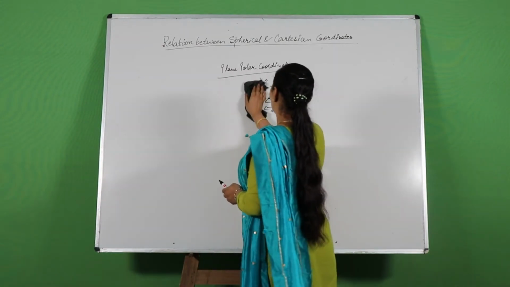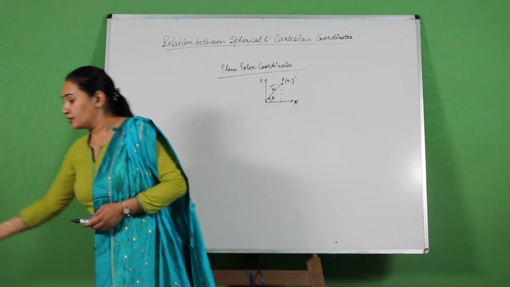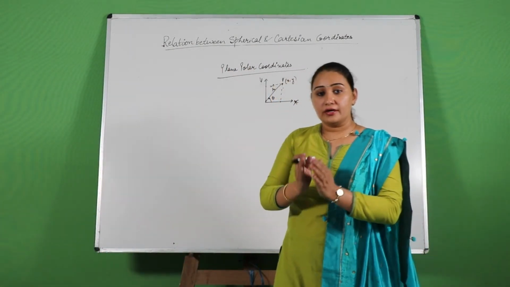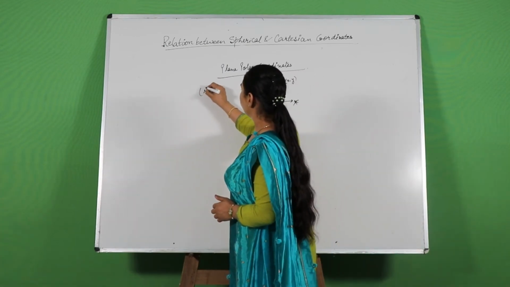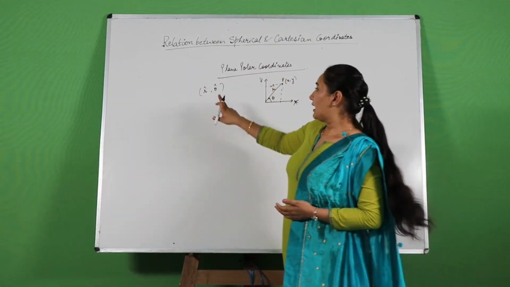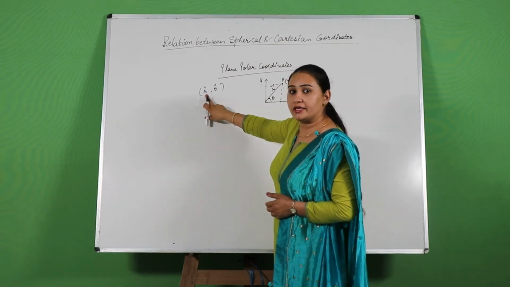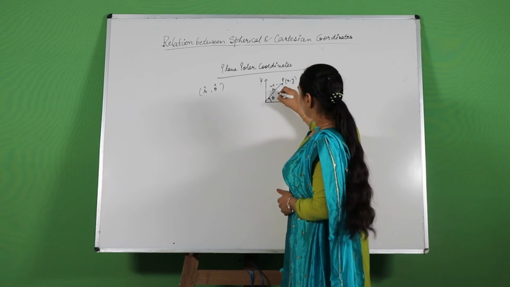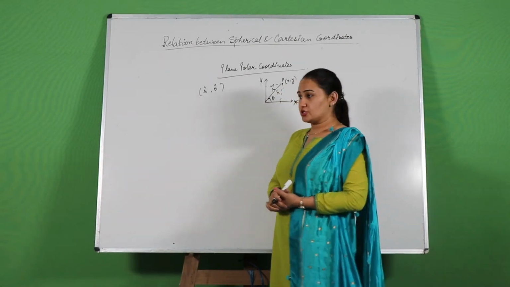So first of all, the problem is where your unit vector is going if you are having r and theta. So your unit vectors of plane polar coordinates will be of course r cap and theta cap. Your r cap will move in the direction of increasing r. So wherever your r is approaching, your r cap will move in that direction.